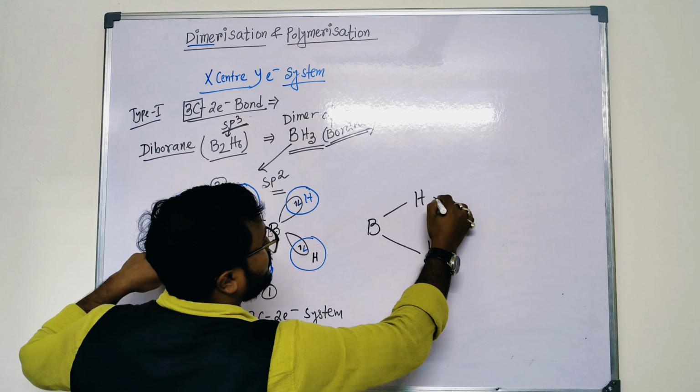This is a 2 center 2 electron system. This is a 2 center 2 electron system. This is also a 2 center 2 electron system. So in this case 4 2 center 2 electron systems are present. So in banana bonding, 2 3 center 2 electron systems and 4 2 center 2 electron systems are present.